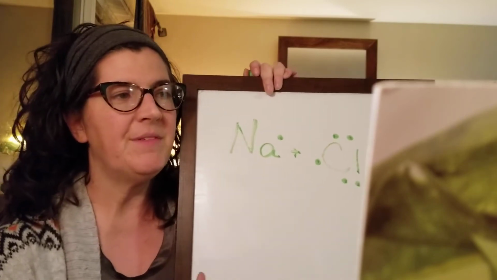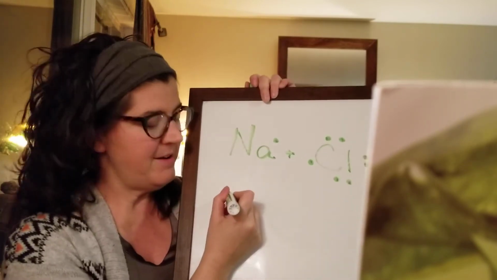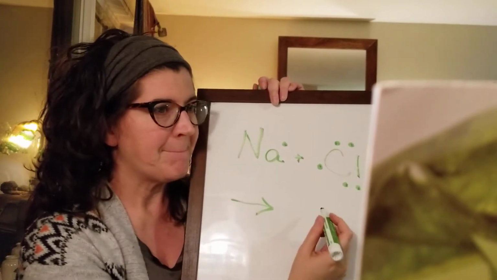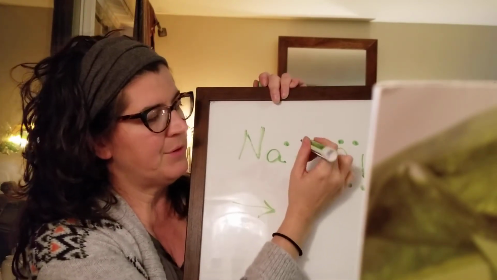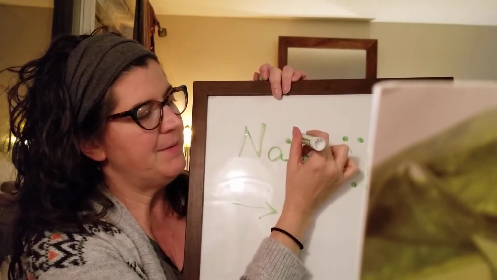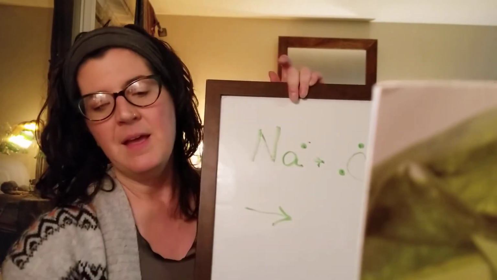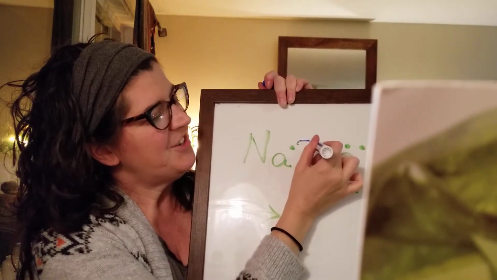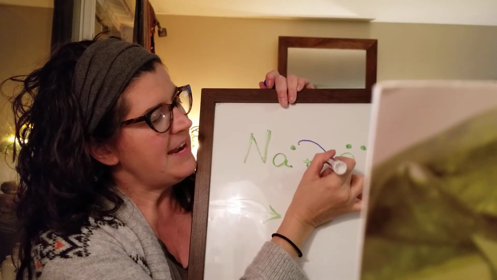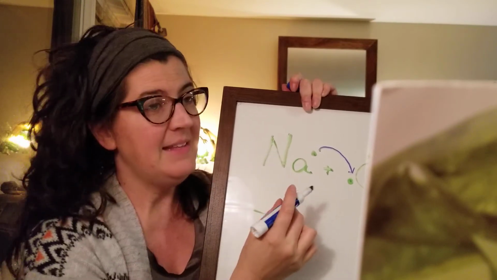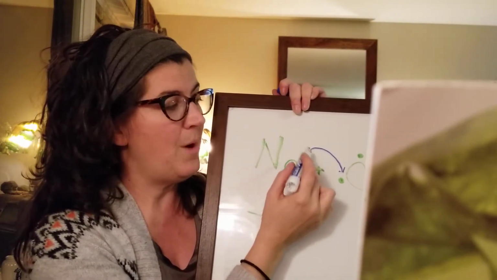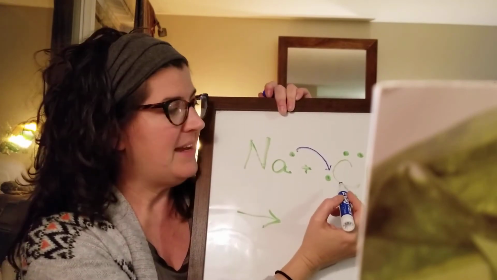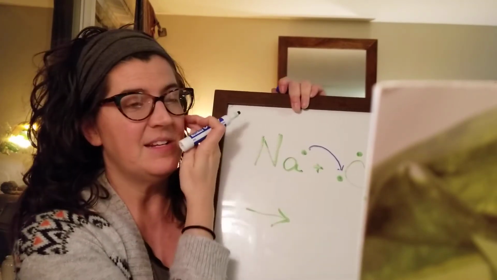All right, so we've got that, and then we've got the rest of our equation here. We're going to show the action here just for fun. I'm going to use a different marker. This electron wants to go right here. Why? Because when there's just one, it's not stable, and this isn't complete either. It's an attraction there.